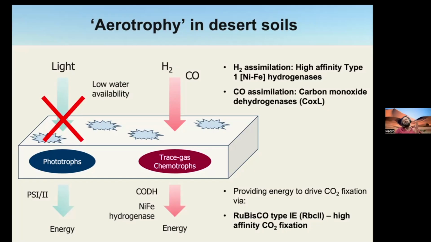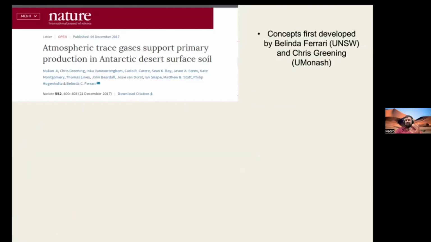But when I say we, I actually mean our collaborators in Australia, because the first people to study this seriously in the deserts were Belinda Ferrari and Chris Greening, with whom we collaborated. I think one of the first reports they did was in 2017, which I show here in Nature, where they did microcosm experiments with soils taken from Antarctica, and they demonstrated that these soils could oxidize trace gases.